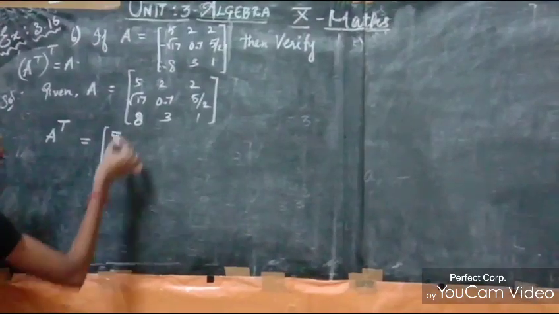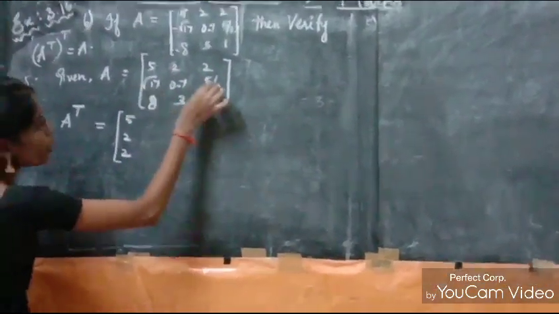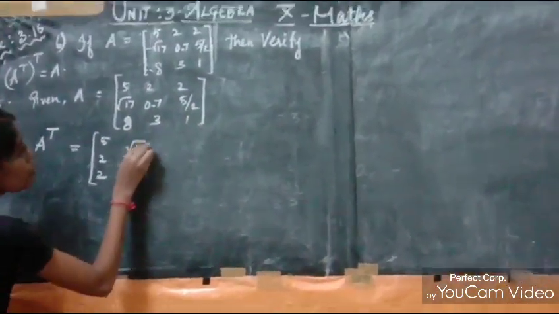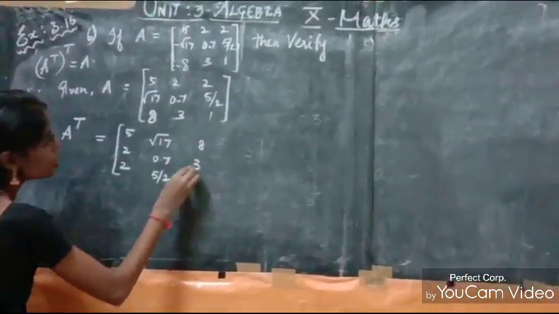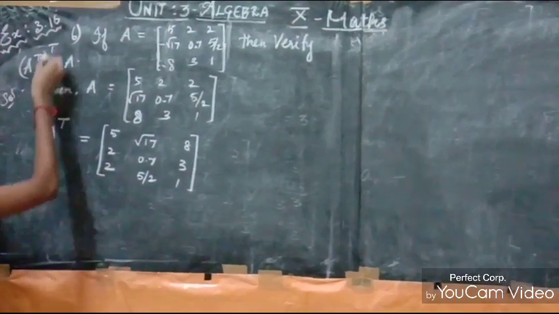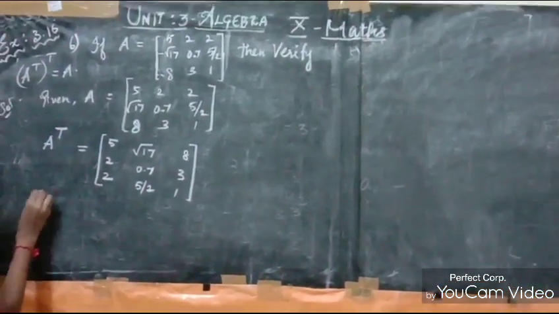5, 2, 2. Here the rows you have to write as columns. Minus root 17, 0.75, 2. 8, 3, 1. And again you have to find A transpose whole transpose.